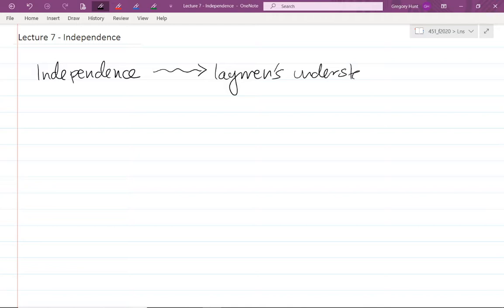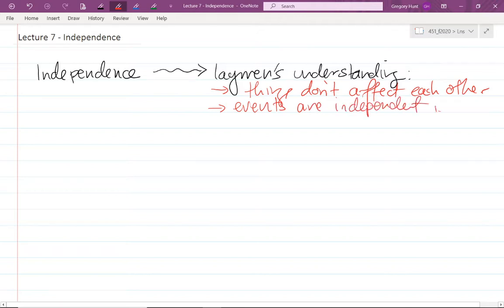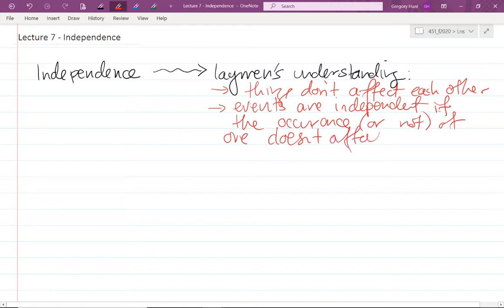The layman's understanding of independence is basically that things don't affect each other, or, if we're talking in particular about two events, maybe we'd say that events are independent if the occurrence or not of one doesn't affect the probability of another.